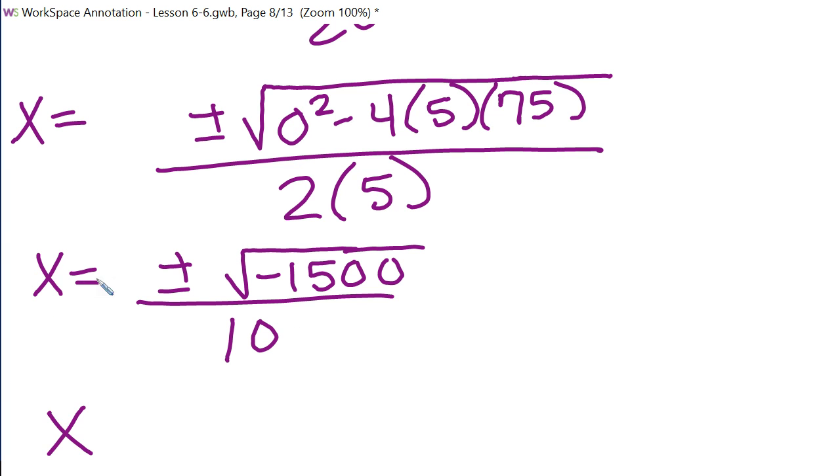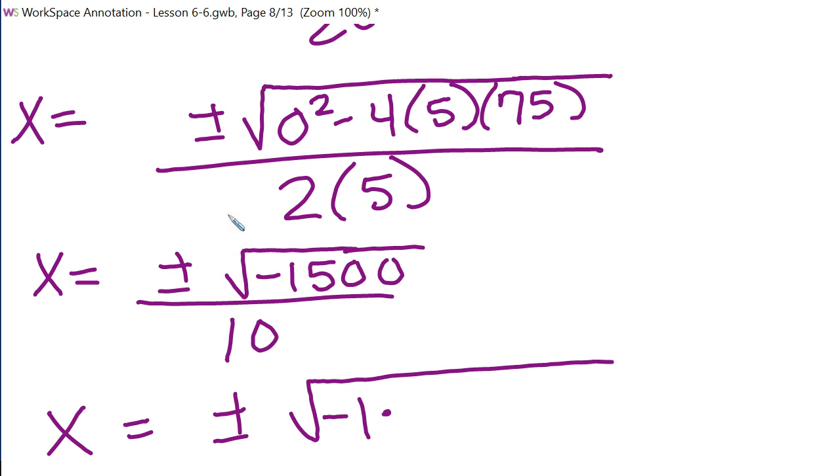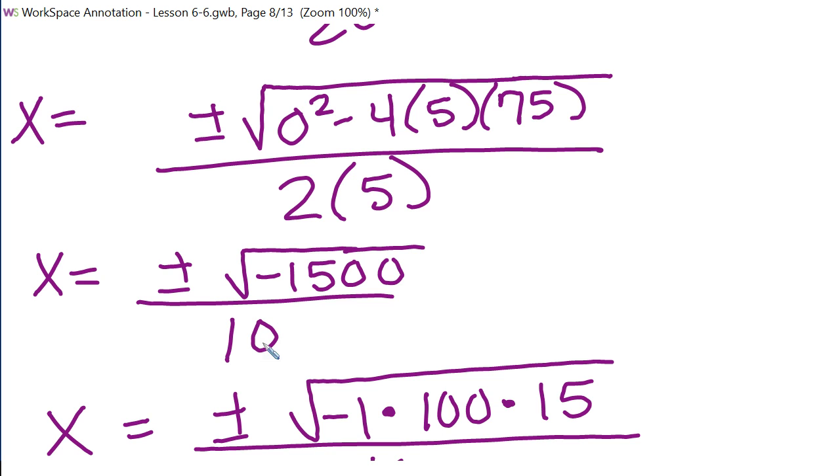No. If it's negative, what should be the first factor? Negative 1. And 1,500, what's the perfect square for 1,500? 100 times 15. Mark out the negative 1. What's the square of negative 1? I. Mark out 100. What's the square of 100? 10.